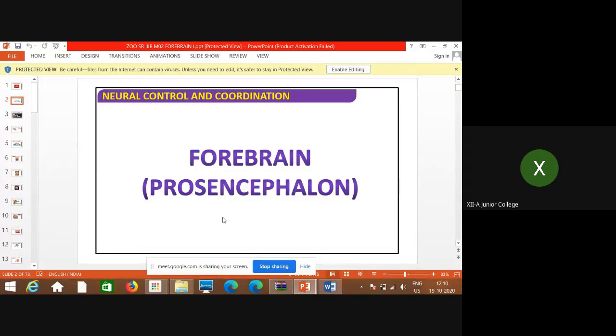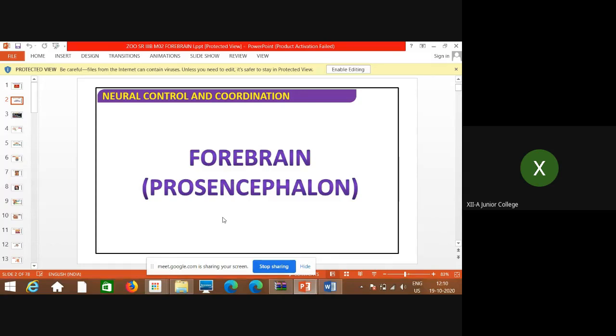See, last time I'll just take a little revision. Last time we discussed the structure of the neuron, its classification based on morphology as well as functions. So the entire structure and functions of the neuron, the nervous tissue in that neuron and supporting cells as neuroglial or glial cells, different types of glial cells, we have discussed.